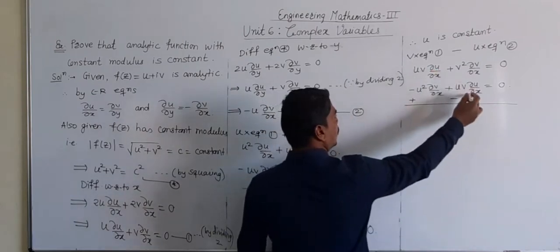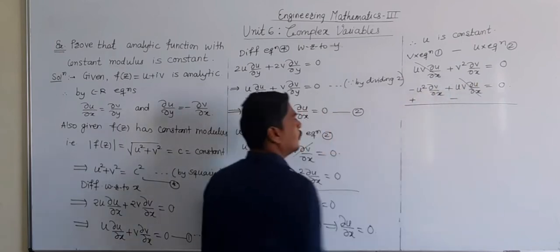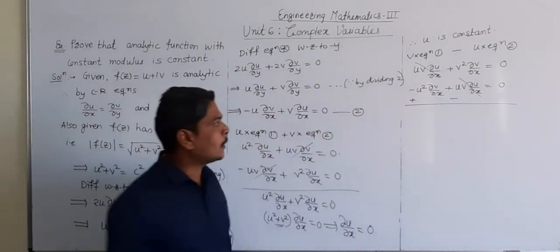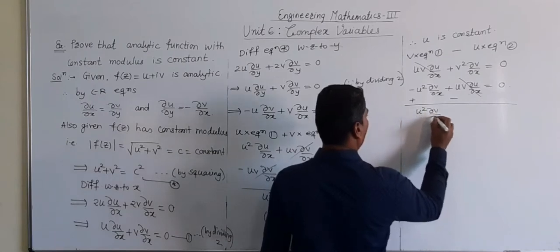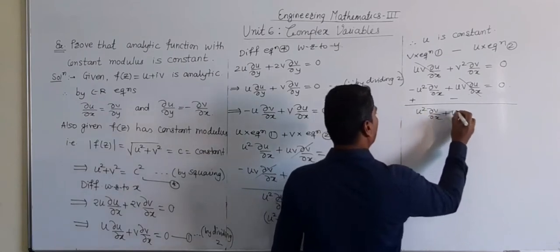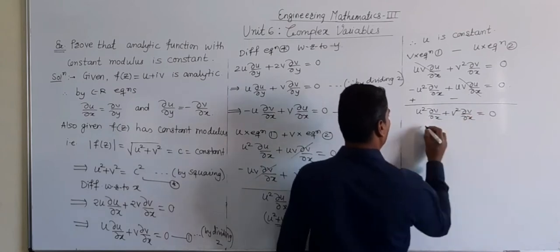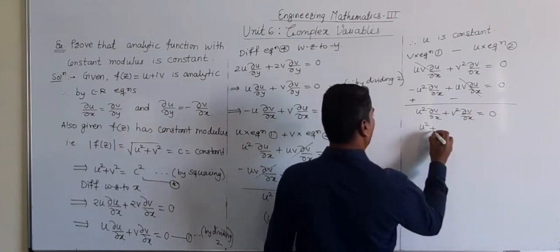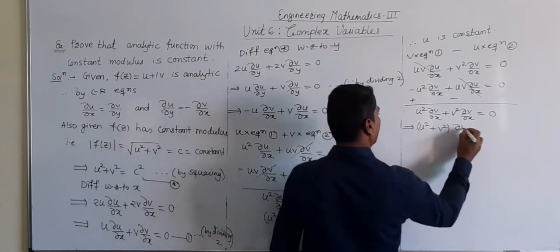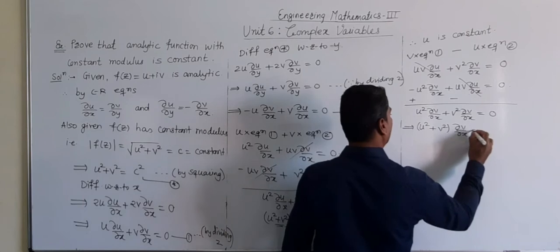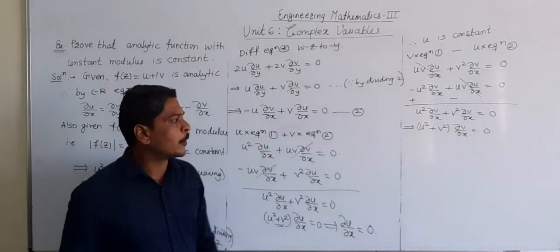And now these two terms have the same term with opposite sign, so this term will get cancelled. What is remaining? The remaining term is u square into partial derivative of v with respect to x plus v square into partial derivative of v with respect to x is equal to 0. So we get u square plus v square, and take the partial derivative term common, because in both terms the partial derivative of v with respect to x is present.